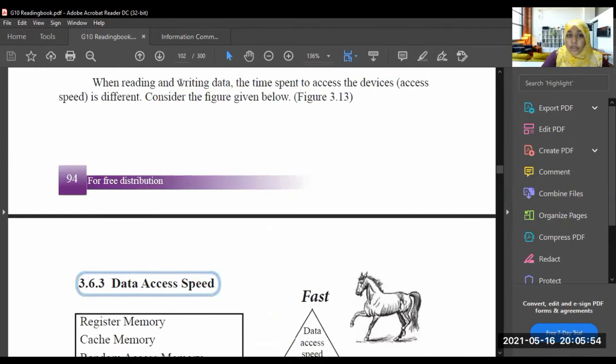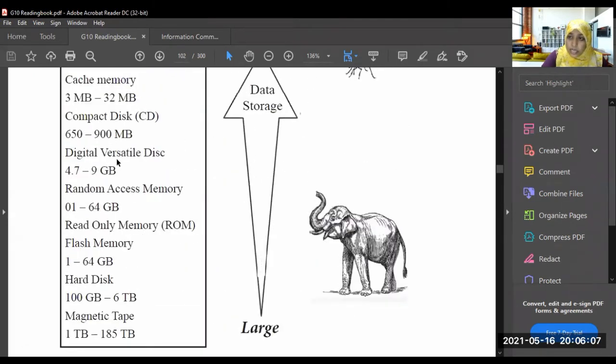Here, see, when reading and writing data, the time spent to access the device, the access speed, is different. Consider the figure given below. Now, in these storage devices, we are reading and writing data. You can remember that, isn't it?